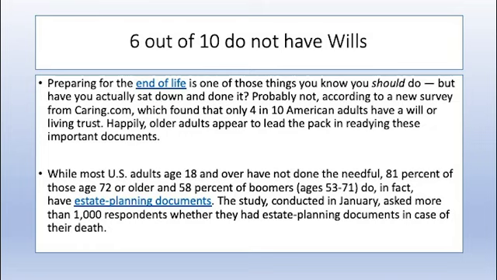But there's still a lot that, especially, there's about 20% that are 72 or older, and about 40% of baby boomers don't have estate planning documents, and that's a lot when you really sum everything up. So what can be done to help bridge that gap?